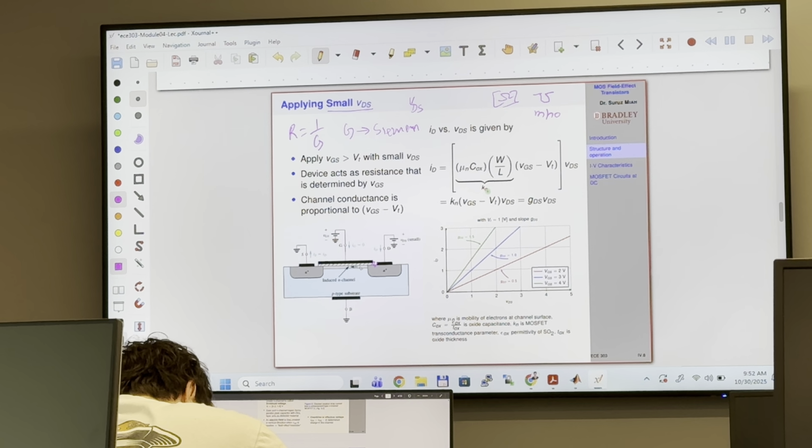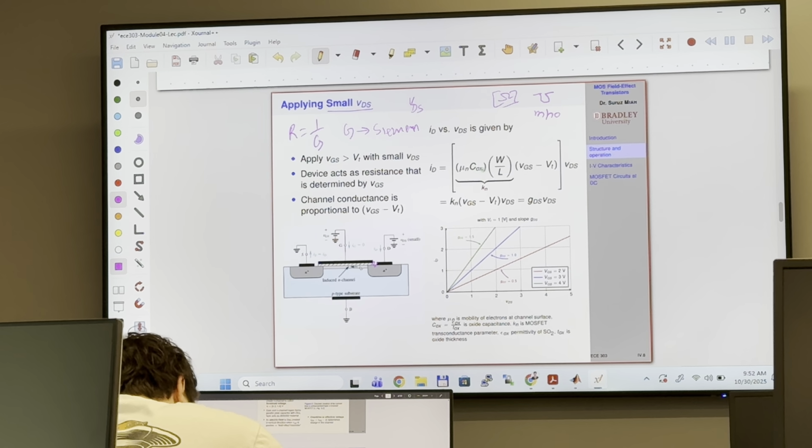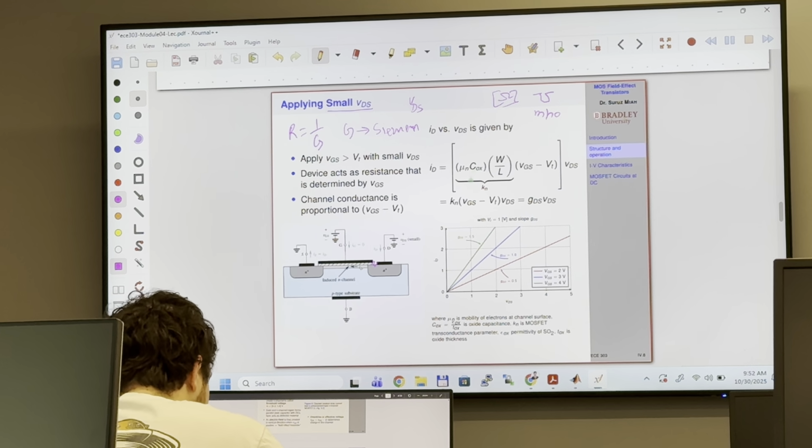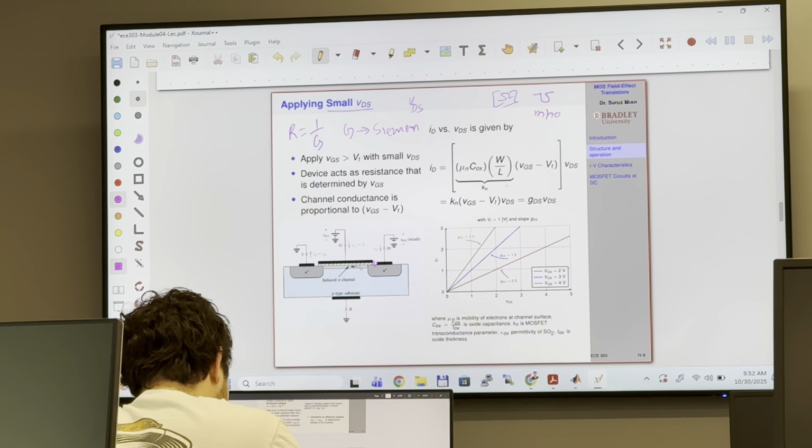So this is your MOSFET transconductance parameter, which is mu n, oxide capacitance, W over L, and VGS minus VT.